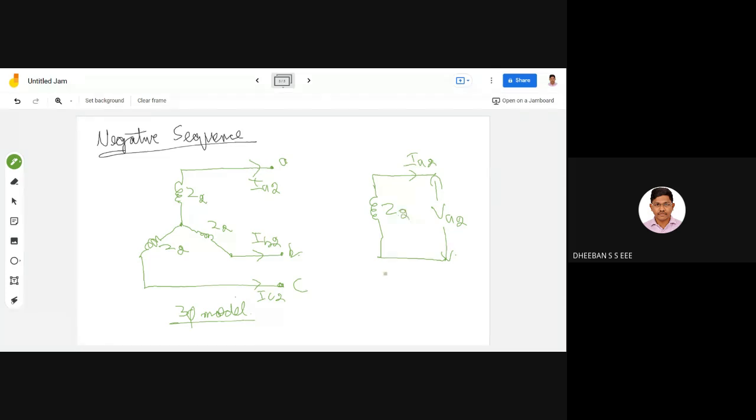So this is your single-phase model. Now your VA2, since there is no excitation source, will be equal to minus IA2 into Z2. So this is the equation representing your negative sequence.